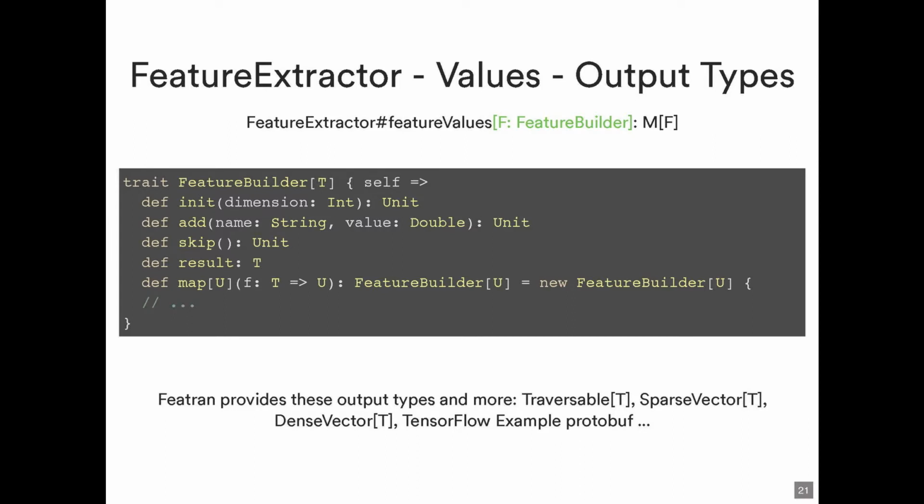You can skip values if you don't need them, and you can get your feature result back. And you can also transform one feature builder to another. And if you provide those things, then those are valid output types in Featran. And so Featran provides these out-of-the-box: traversable, sparse vector, TensorFlow example protobuf, and many more. You can check out the GitHub if you want to see them.